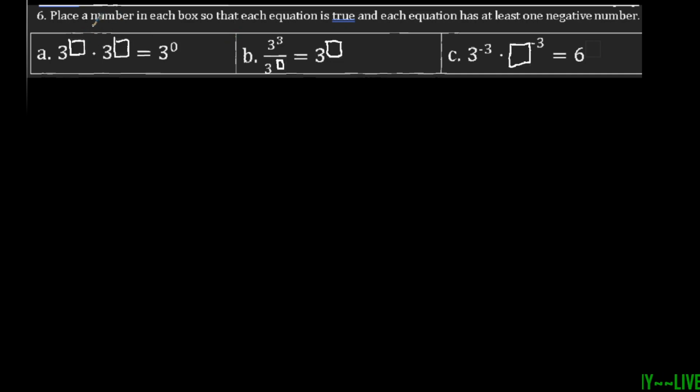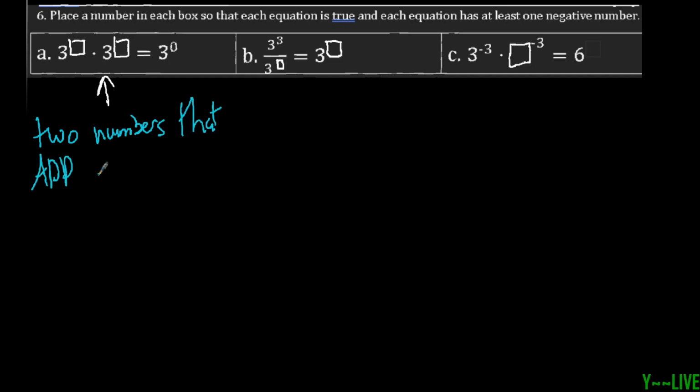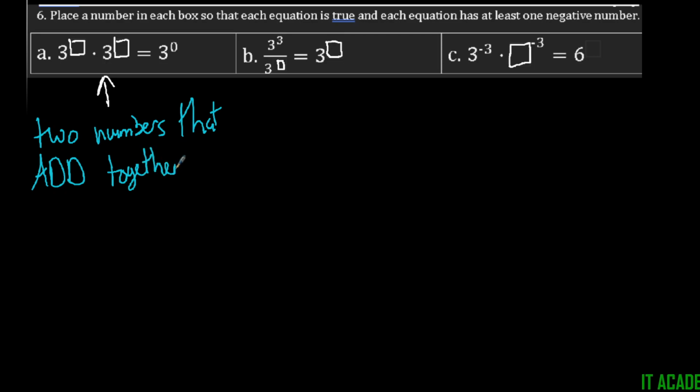So for this one, my answer is going to be 0. So I need two numbers that add together to get 0.